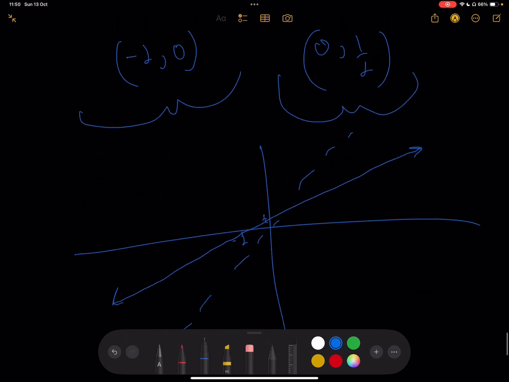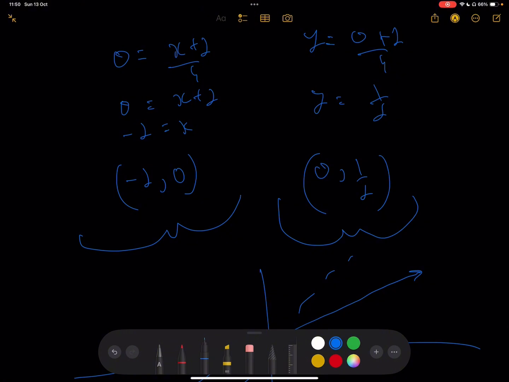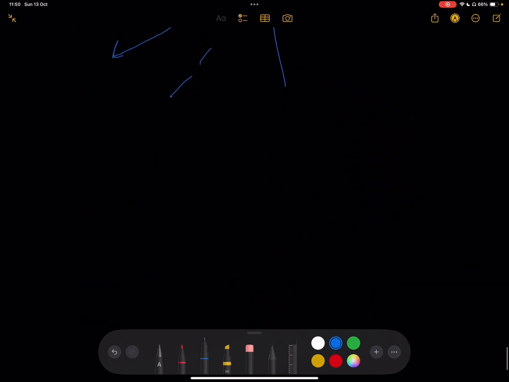Now, as we have these coordinates for the x-intercept and y-intercept, I'm going to write them down here just so we know f of x has intercepts (0, 1/2) and (-2, 0).